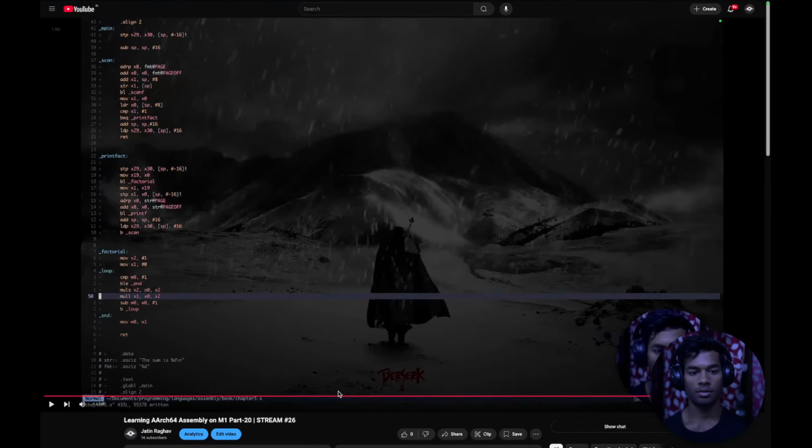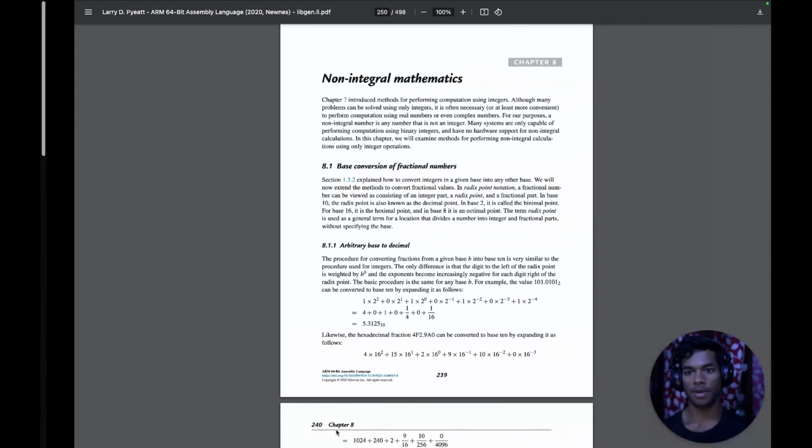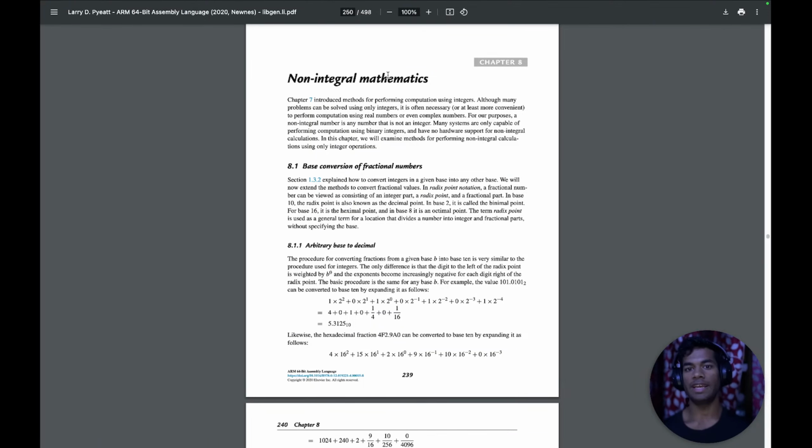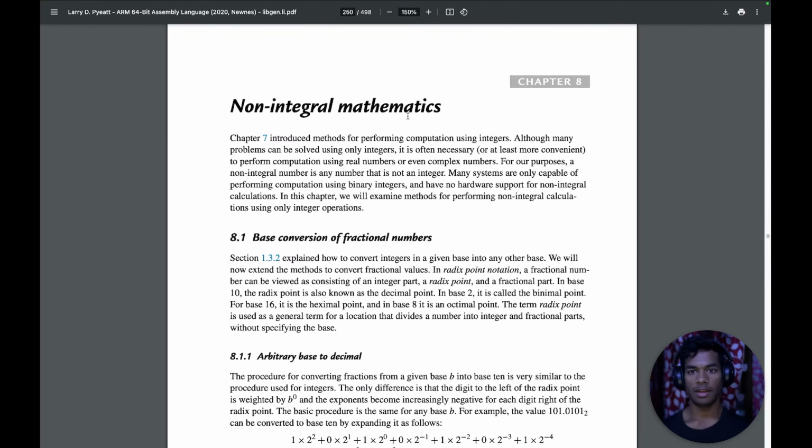And now, yep, this non-integral mathematics. The whole idea when you're starting to learn about a new field is not to get into the details, but get an overview, a big picture about what the thing is that you are getting into.